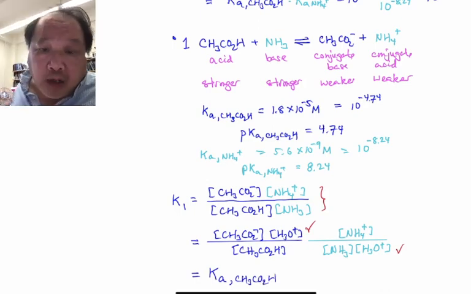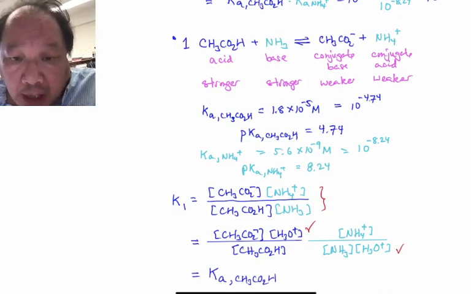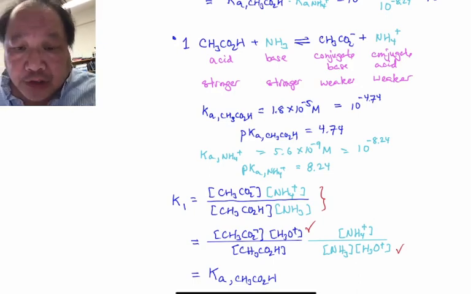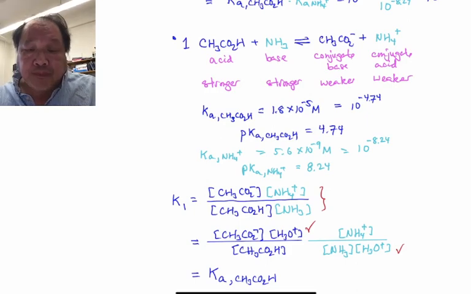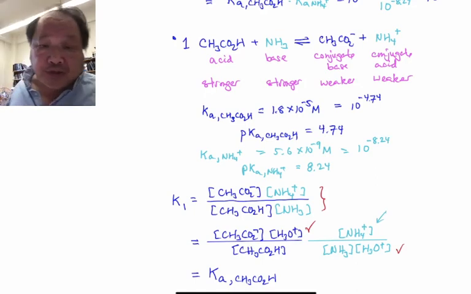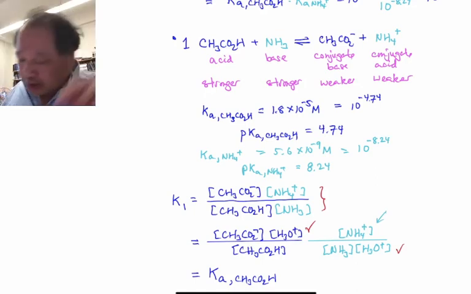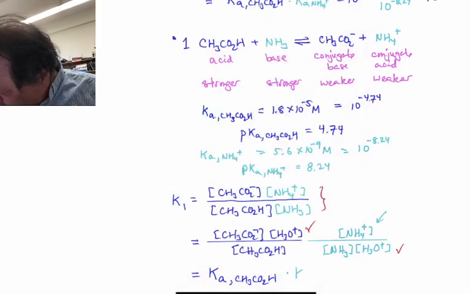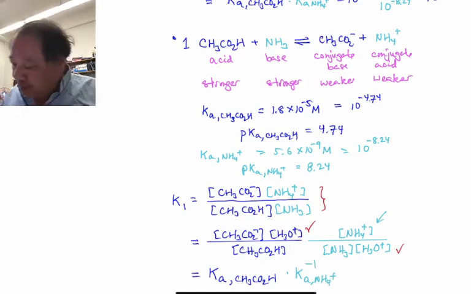And that expression we have in aqua right next to it is related to the Ka of NH4 plus, except that the NH4 plus here is in the numerator, it should be in the denominator. The NH3 and the H3O plus should be in the numerator and the denominator. It's switched. It, in fact, is Ka of NH4 plus inverted to the minus 1 power.